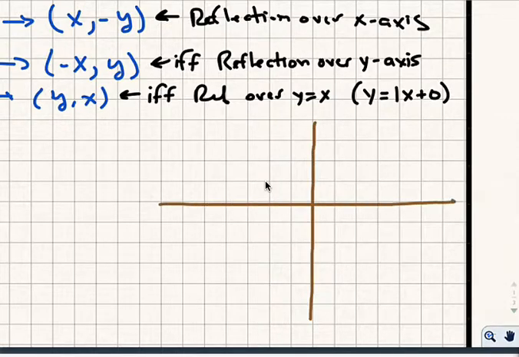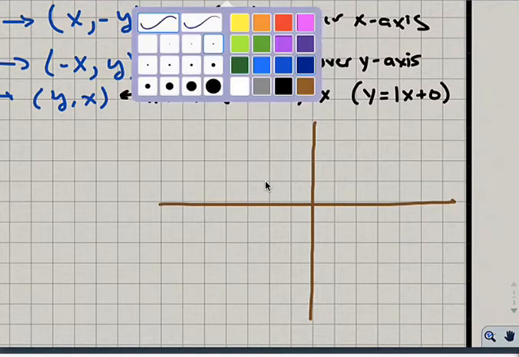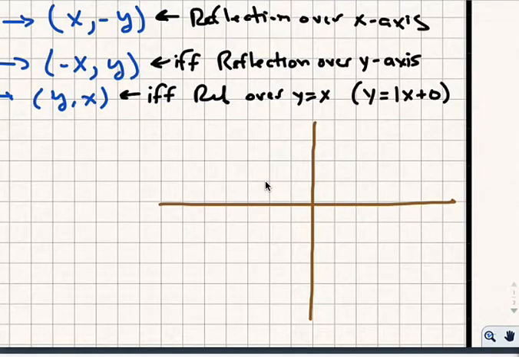So if I have, let's say, these points as a collection of points. Let's call this one A, and let's say this one's called B. And let's say C is right here.